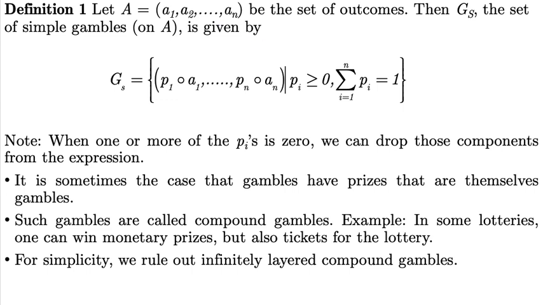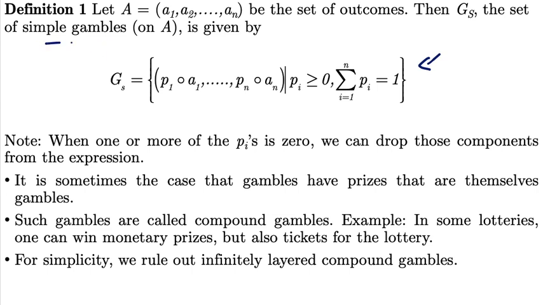Then GS is another set. What is the set GS? It is the set of simple gambles on A, which is given by this expression. Now, so GS is actually a set of simple gambles.